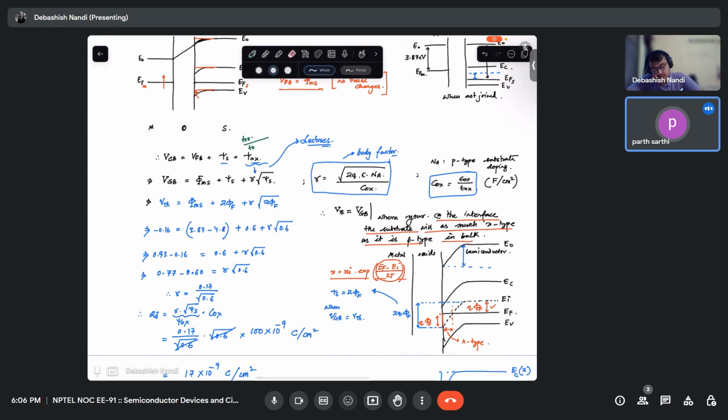Es, what Es? Capital epsilon S or Es? Es, the electric field of the semiconductor. Okay, then go on.